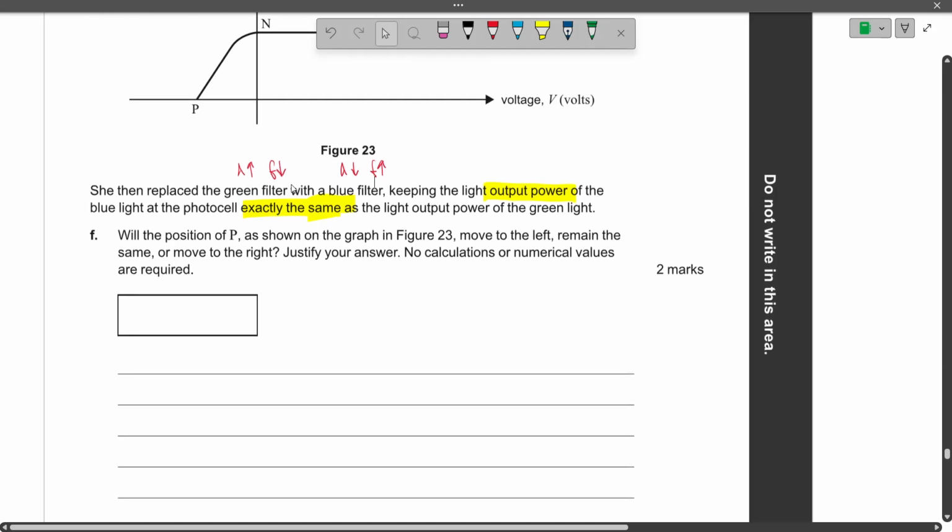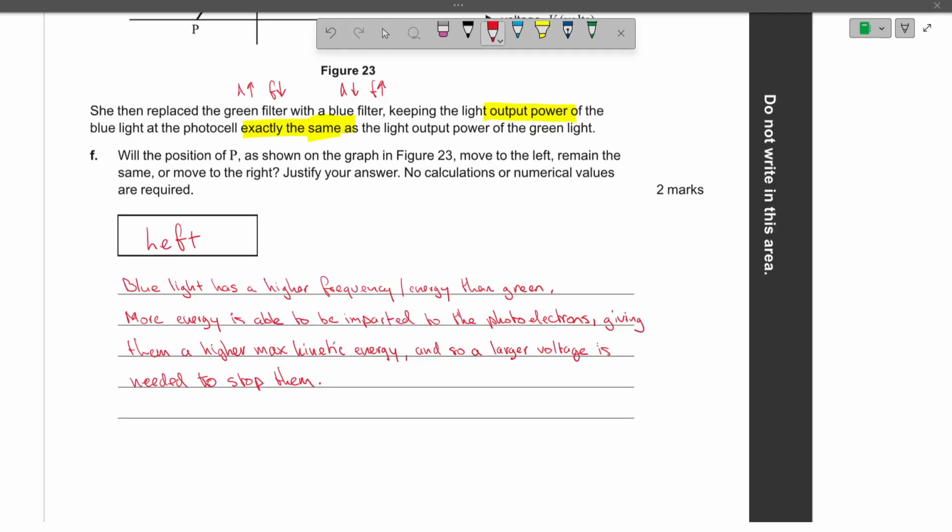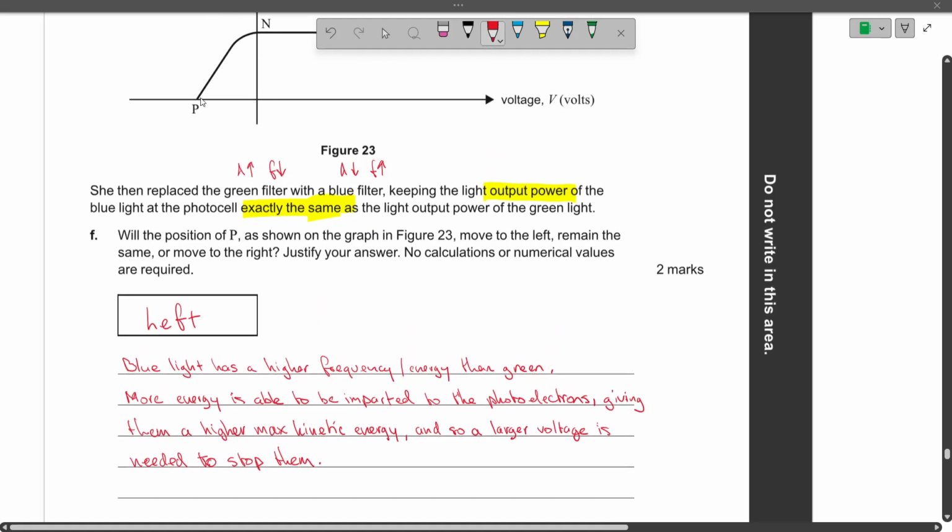So we'll say P moves to the left, and why? I will pause and write my explanation. I've said blue light has a higher frequency and thus energy than green light, and so more energy is able to be imparted to the photoelectrons, giving them a higher max kinetic energy, and so a larger voltage is needed to stop them, and hence the voltage value increases to the left there.